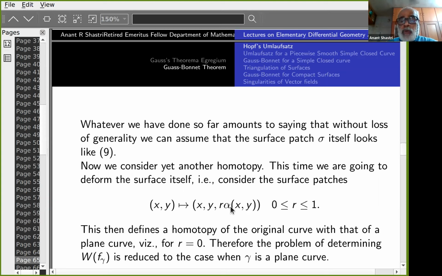So this is again another homotopy. So curves will get homotoped. So again, the functions what we get, all these f gamma t, they will be homotopic to each other. Therefore, the winding number hasn't changed. Okay, so this w of f gamma hasn't changed. Okay, now the new thing is what has happened? The surface has become plane.